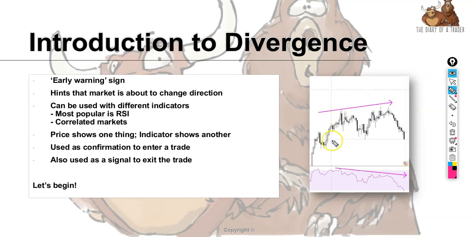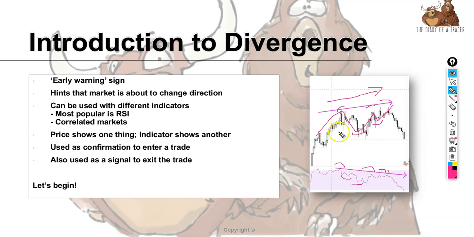So, very rough example here. We see the market making new highs and new higher lows, and it is in its upward direction. However, we have an indicator here which shows the opposite, making lower lows and lower highs.